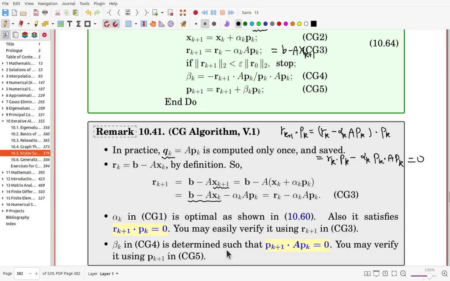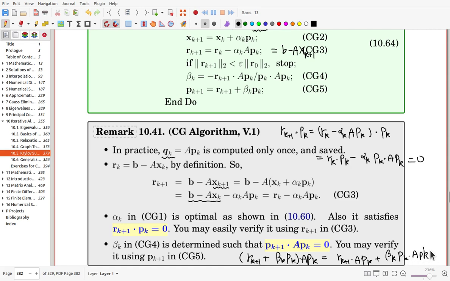Let's figure it out. p_{k+1} is now r_{k+1} plus beta_k p_k. Multiplying by A p_k, we get r_{k+1} dot A p_k plus beta_k p_k dot A p_k.